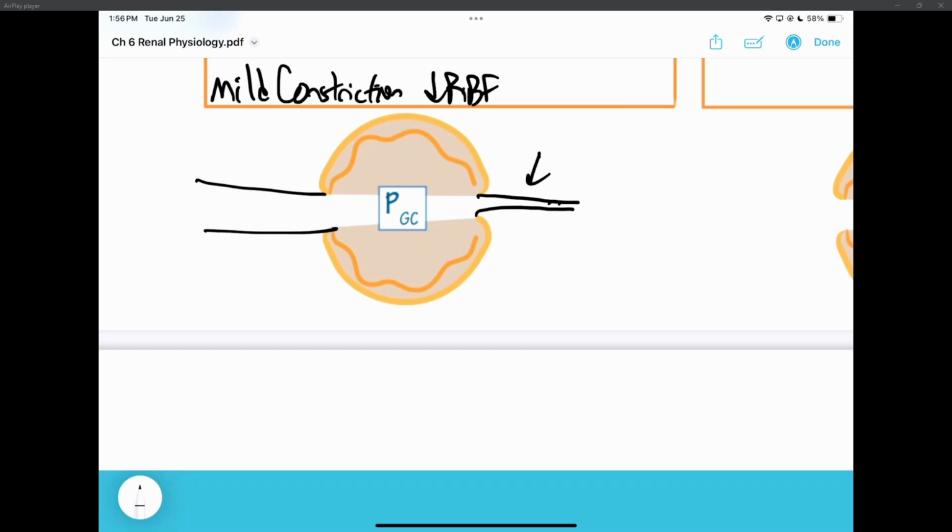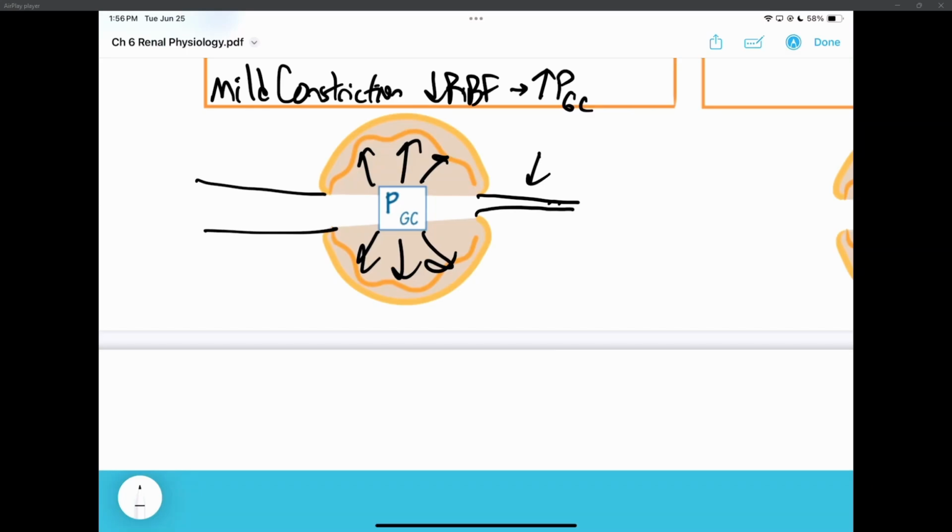So what's going to happen? Increased hydrostatic pressure of the glomerular capillary, pushing all that fluid out because we've mildly constricted that side. Hydrostatic pressure builds up because that blood is getting stuck in those glomerular capillaries now. They can't get out because the efferent side is constricted. It's going to start building up in the Bowman space.